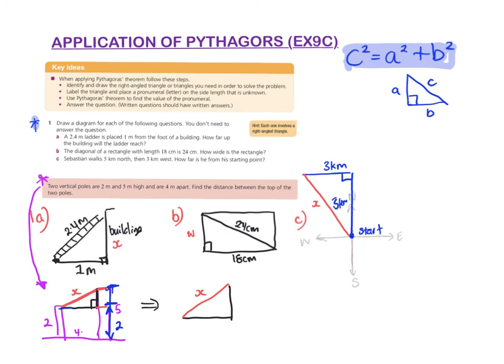What's 5 minus 2? 3. So we found that this was 3 metres, the difference between the heights of the poles, and you knew that along here, which would be the same as along the bottom, was 4 metres. So therefore you can find out what the distance is. You just use Pythag again. We're not going to do them because you already know how to do that part of it.